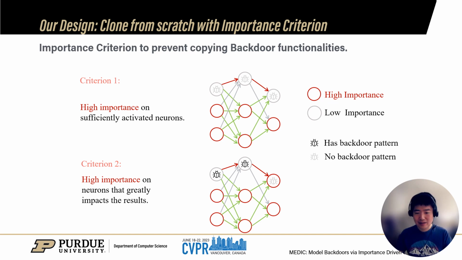However, as they are benign samples, the backdoor pattern is not strong enough to change the result. This suggests that the backdoor pattern has a smaller gradient than the benign features, right? And they are less important. Therefore, the important neurons can really tell the backdoor behaviors and natural behaviors apart.